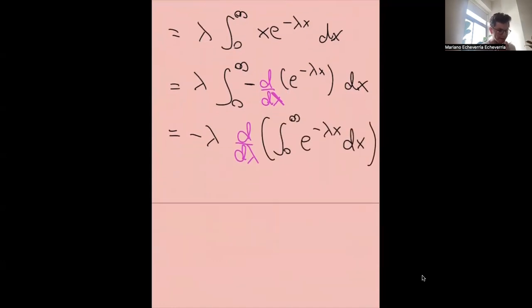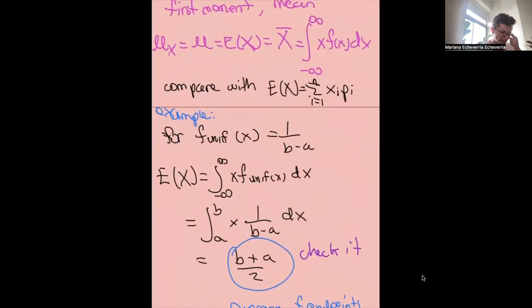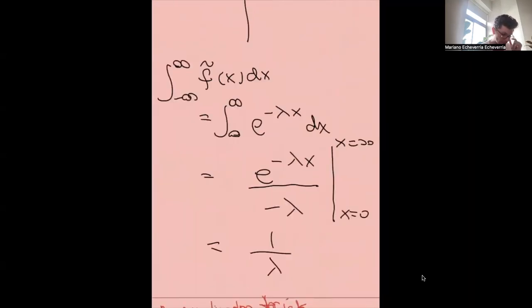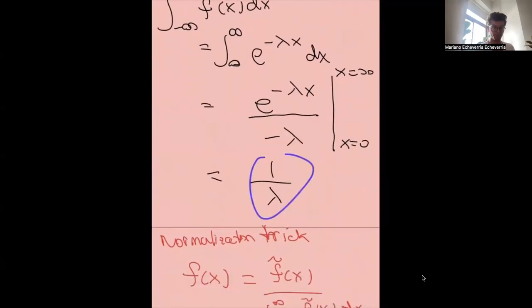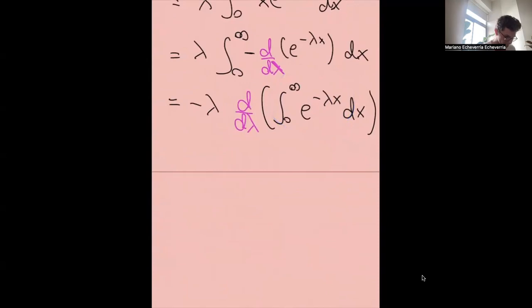But what we had seen, didn't we compute this before? We had computed that this was 1 over lambda, or let me put it as lambda to the -1. Okay.